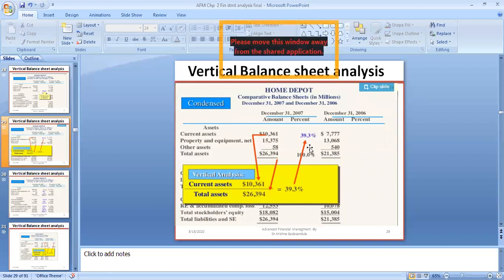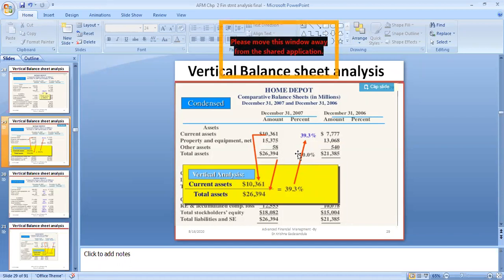If you see this balance sheet analysis, we can say that total assets has been taken as 100%, and compared to this, each component can be taken. Current assets: the numerator is the particular component which you are comparing, and the denominator is total assets of that particular year. So like this, we can compare current assets.